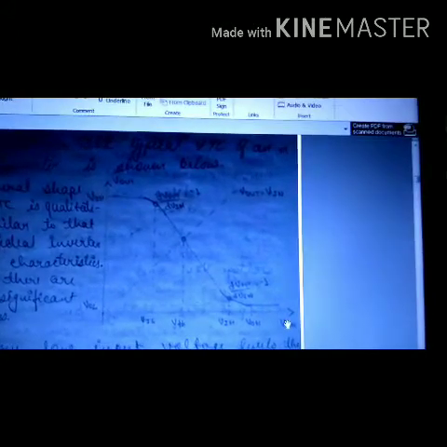Starting from the origin, we will look at how the output voltage varies with respect to the input voltage. For a very low input voltage, somewhere around the origin on the x-axis, around this region, the output voltage V out is equal to a high value.